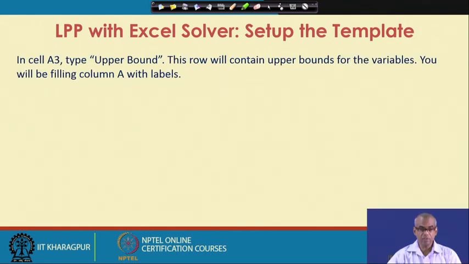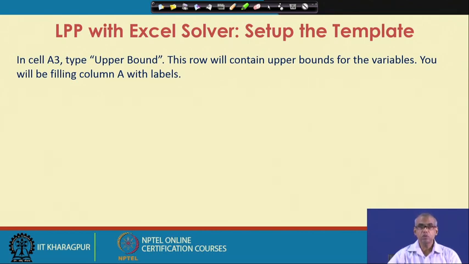In cell A3, type upper bound. This row will contain upper bounds for the variables. You will be filling column A with labels. As we discussed in the beginning, column A will be filled with labels. Upper bound is one such label.